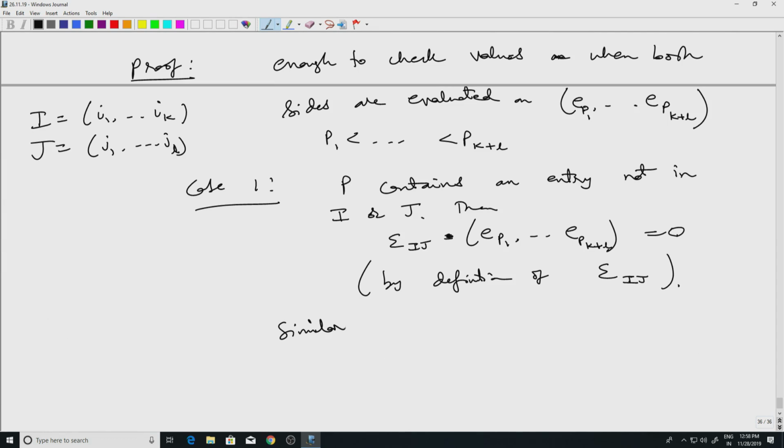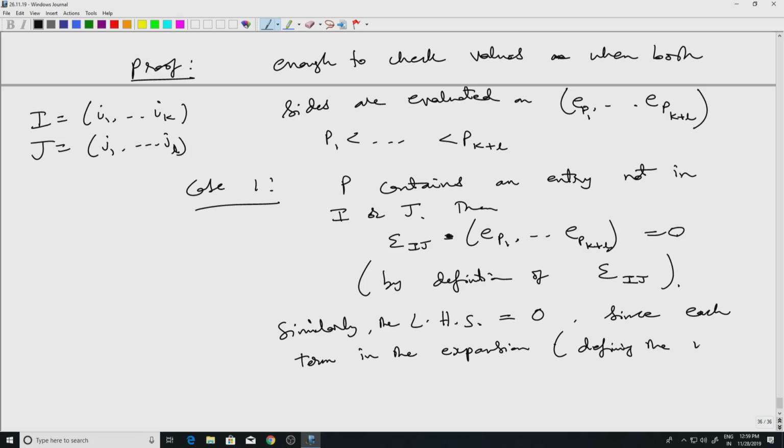Similarly, the left hand side, the LHS, equals 0, since each term in the expansion defining the wedge product will be 0.